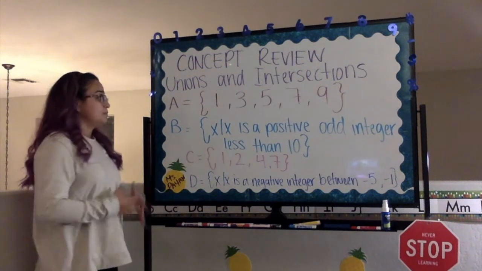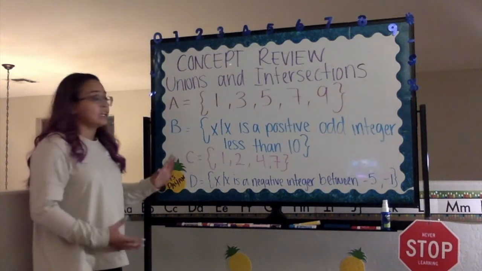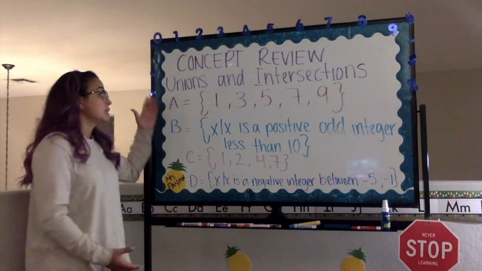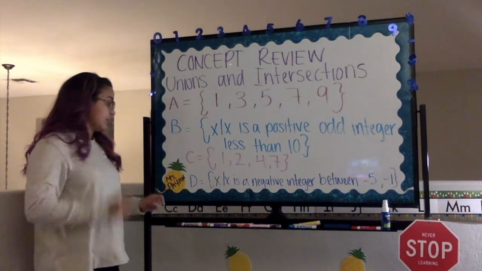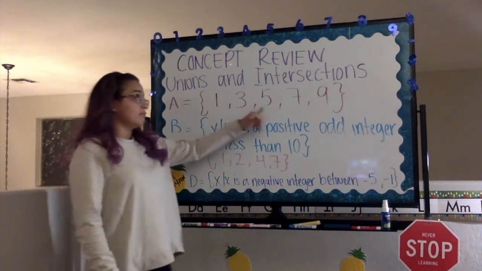Let's move on. Now let's figure out which sets are either union, intersection, or disjoint set with set A. Okay? And this is how we're going to be doing that. Now, set A, we have 1, 3, 5, 7, and 9.